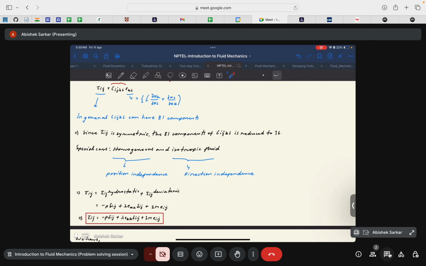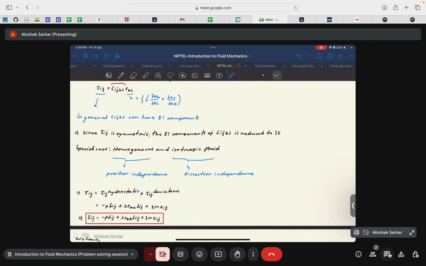In general these two are not equal. It does not mean that if the fluid is isotropic it would be homogeneous. But if the fluid is isotropic at all points in the domain, then it is inherently homogeneous. I'm just giving extra details, but I hope you get the idea.